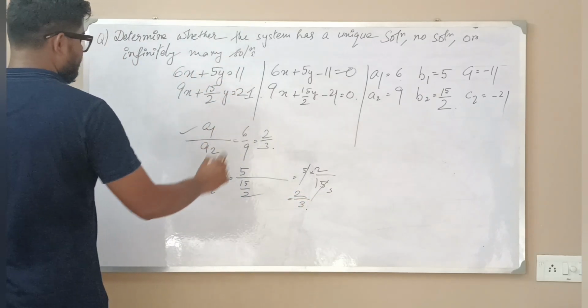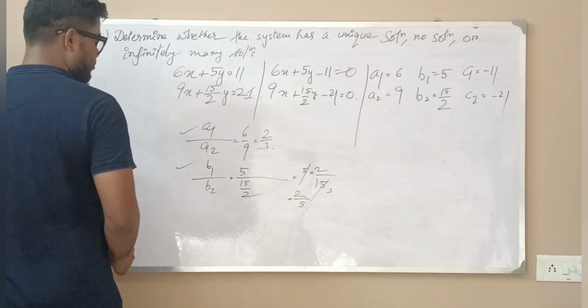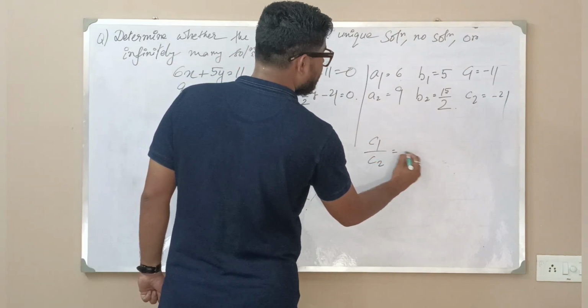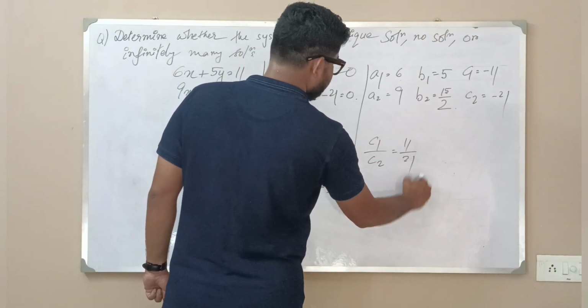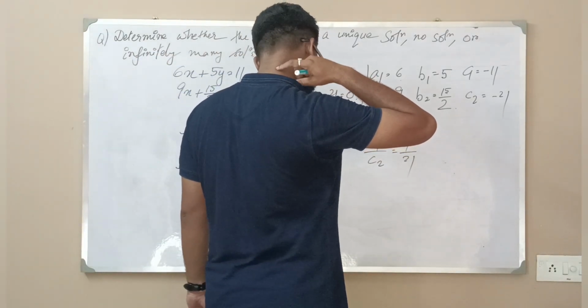So a1 by a2 and b1 by b2 are the same. Now it's turn for the c1 by c2, but it's 11 by 21. So we can write from this part that it has no solutions.